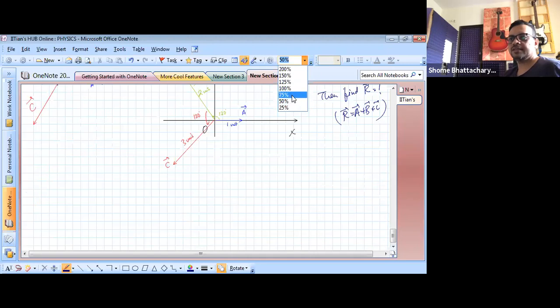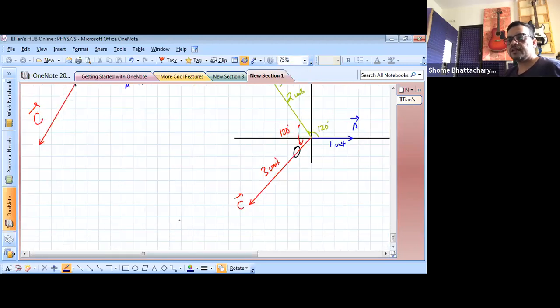So coming back here, in component form, we can write the vector A as i cap. The vector B will be at 120 degrees to the x-axis and 2 in magnitude. Remember, cos 120 is minus half, so it will become minus i cap. And sin 120 is root 3 by 2, so it will become plus root 3 j cap.